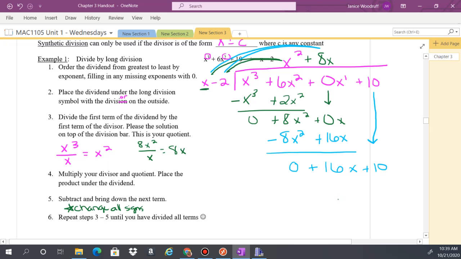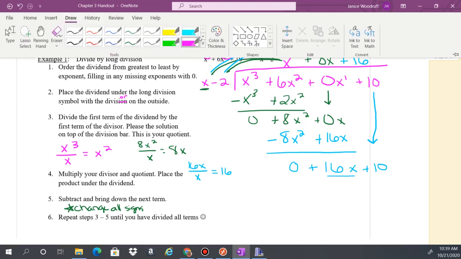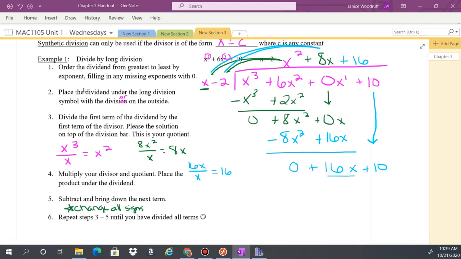Then I go back up to step 3 again. So first term is now 16x. So I'll do 16x divided by my first term, x. And that's going to give me 16. So I place the plus 16 up top as my quotient. Then step 4, multiply the divisor and the quotient.